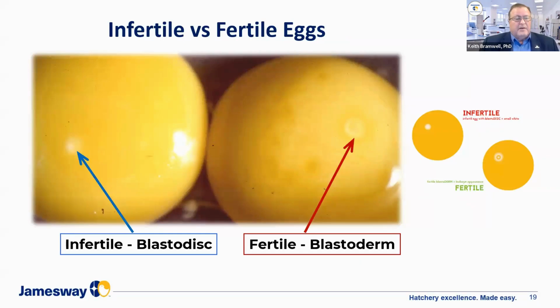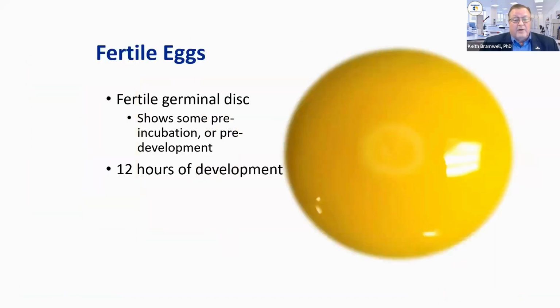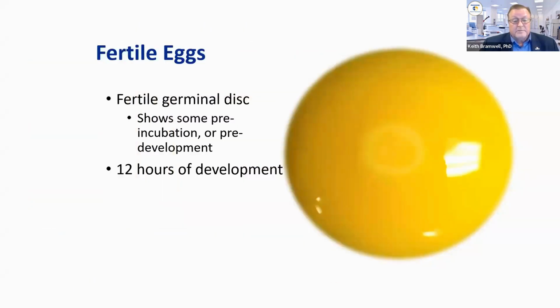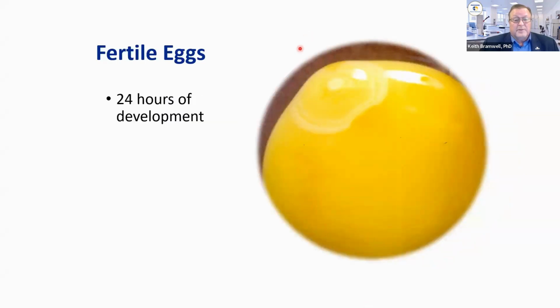So again, looking at our infertile and fertile unincubated eggs. The blastodisc, if it's an infertile egg, once it's been fertilized, becomes a blastoderm, meaning now we're going to start growing an embryo here. After roughly 12 hours of incubation, we can see that small donut we saw here starting to grow bigger, and at 24 hours it's bigger yet.